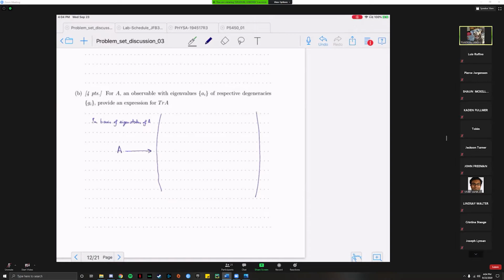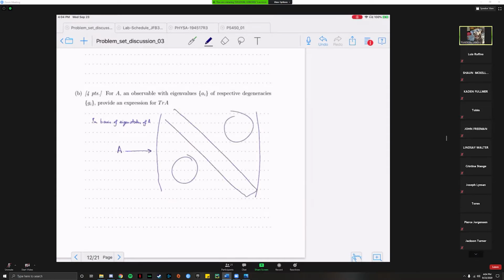So what would be the representation of the matrix given the eigenvalues AI and the degeneracies of these eigenvalues GI? So if we're in a basis where they're all eigenstates of A, then the operator matrix form would just be a diagonal matrix. Right, so we have zeros, and we have stuff only on the diagonal here.